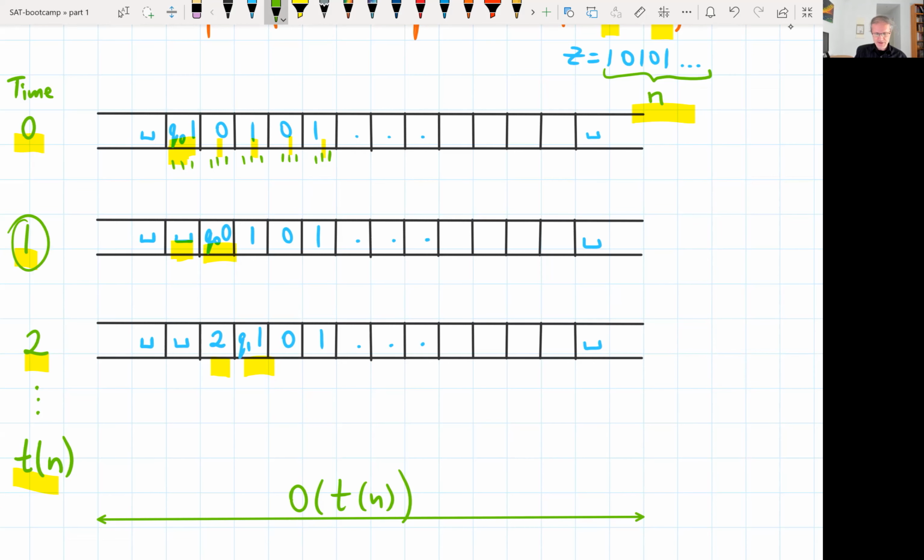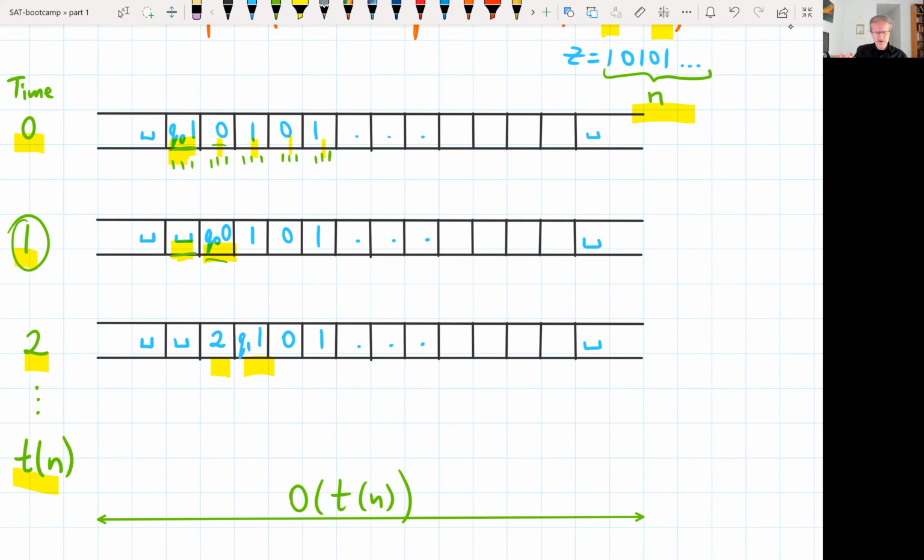As you see in this picture, the only thing that changes is this part of the tape. Because I was looking here with my tape head, and that tape cell could have changed, and it did change in this case. And also my neighbor on the right changed. It went from symbol 0 to symbol Q00. Everything else stayed the same, so I could have just left these things alone and only focus on the part of the tape which does change.